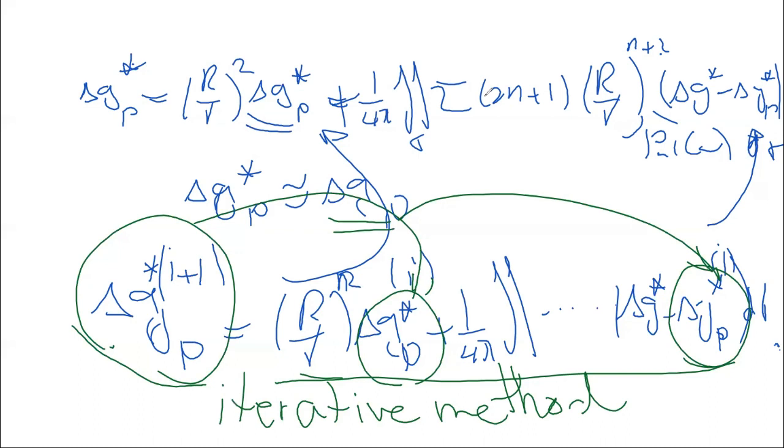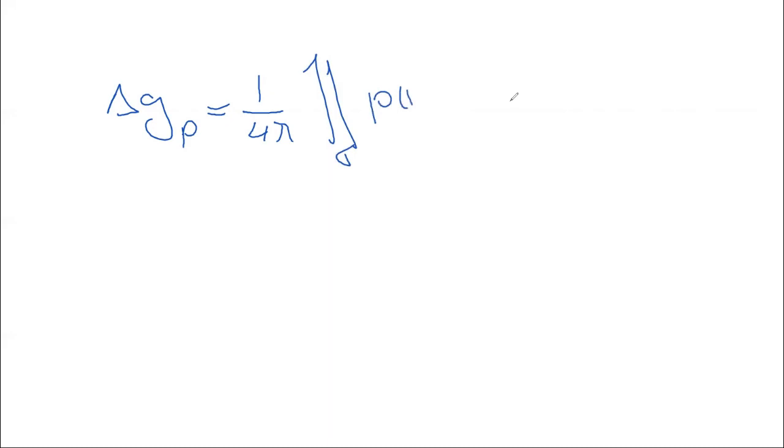And there is another method which we use. The gravity anomaly at the surface is 1 over 4 pi times this Poisson integral, the Poisson formula kernel function, and here I have delta G star down.